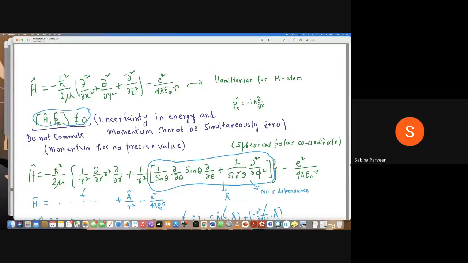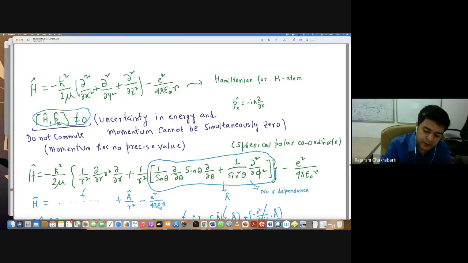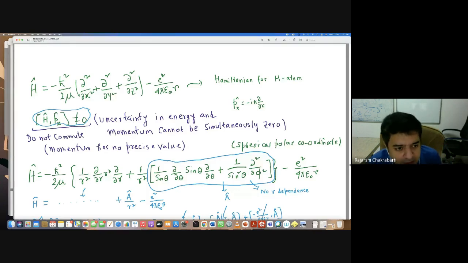Because the potential is such that the nucleus and electron attraction does not depend on whether the electron is here or here or here. As long as they are at equal distance from the nucleus, the interaction energy is the same.